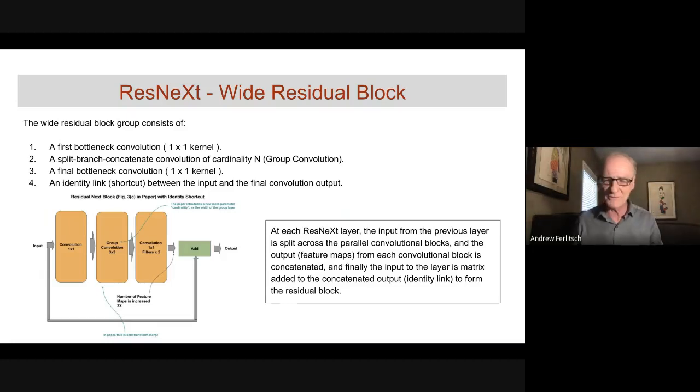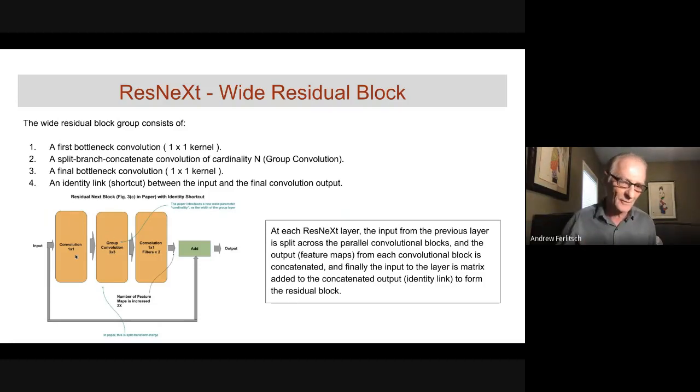If you remember in a ResNet, they used the idea of a bottleneck residual block. That means it had a 1x1 bottleneck convolution to do dimensionality reduction. It had a 3x3 convolution where you did the feature extraction and feature learning, followed by a 1x1 linear projection convolution to expand the number of filters.